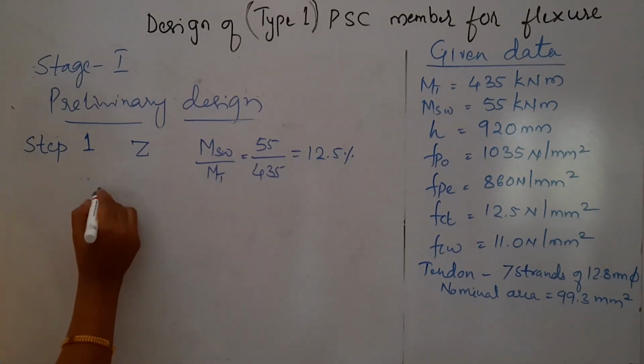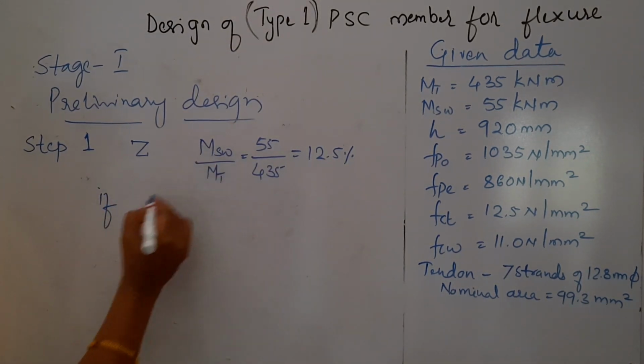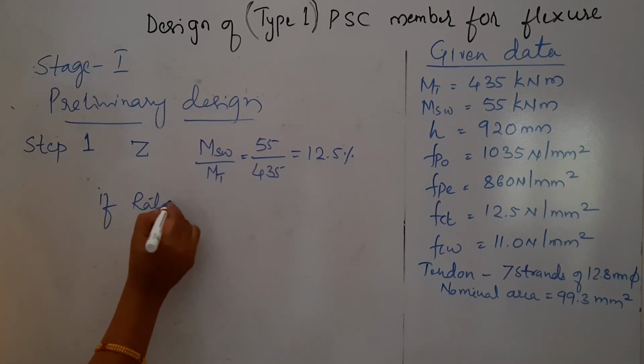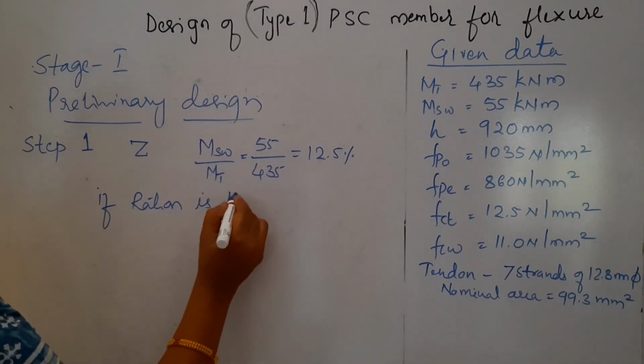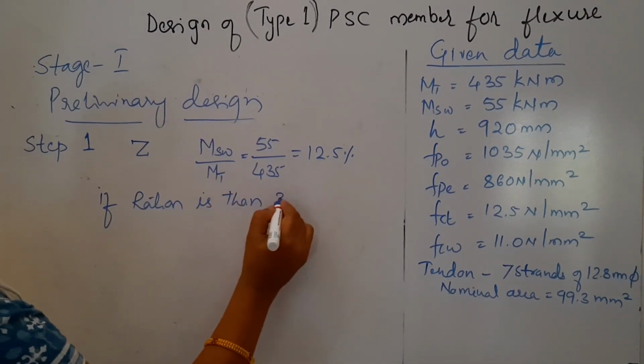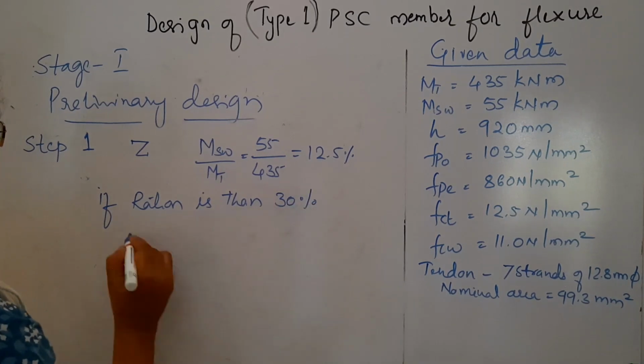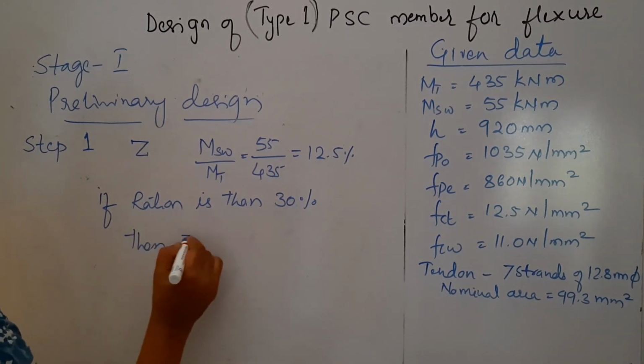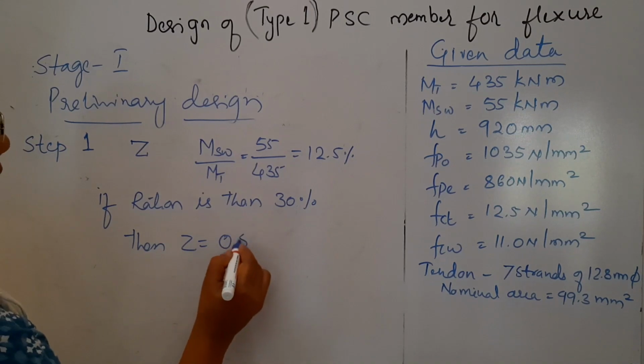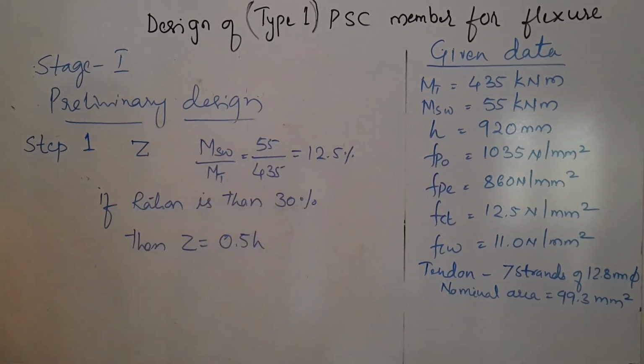If this ratio is less than 30%, then we have to take Z equal to 0.5 H, where H is the given 920.